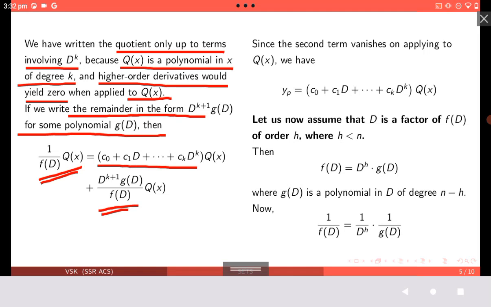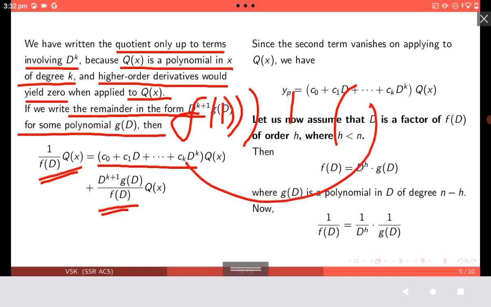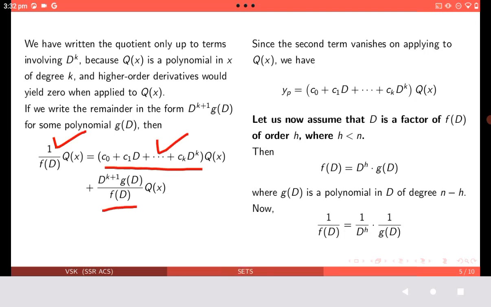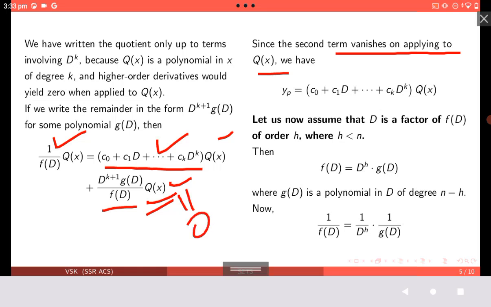Both expressions operate on Q(x). Now, since the second term vanishes on applying it to Q(x), this term will become 0. So we have yp is equal to (c0 plus c1D plus ... plus ckD to the power k) Q(x). So this is the first case.